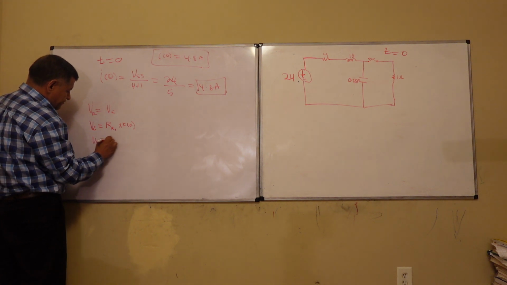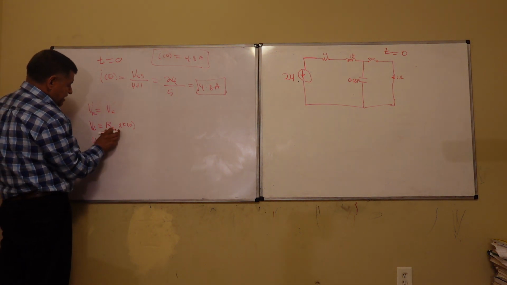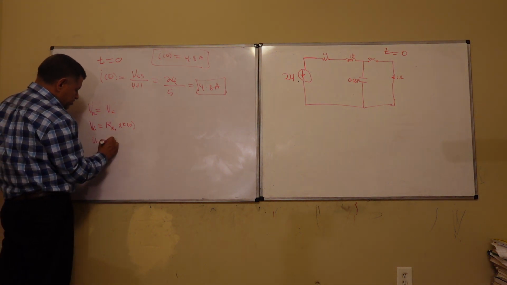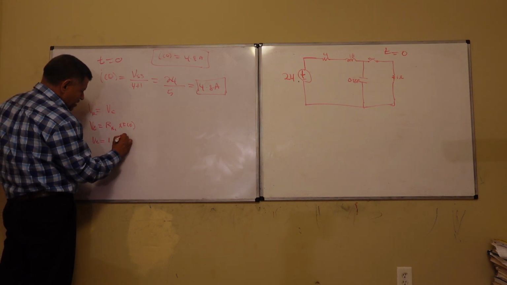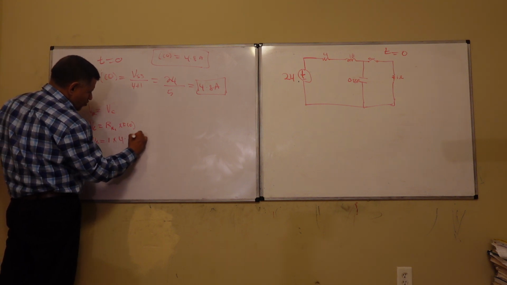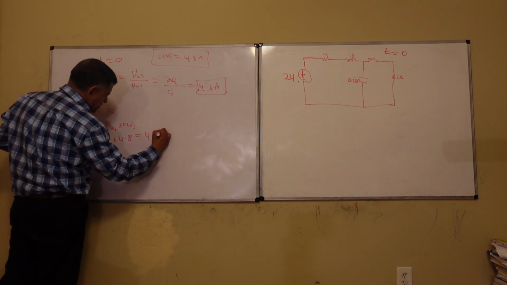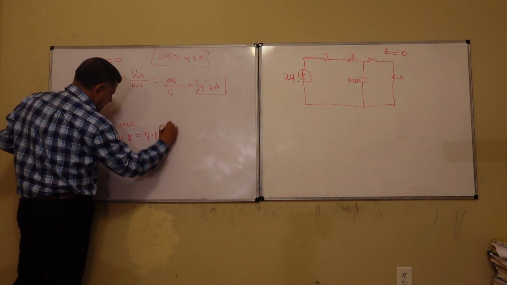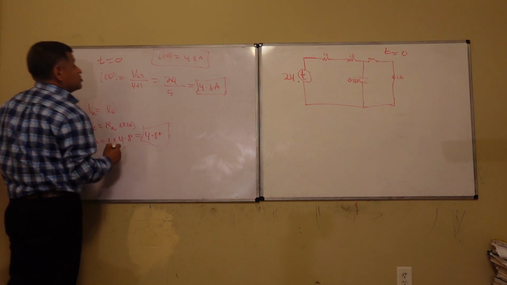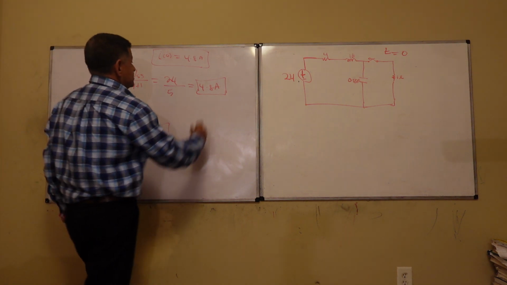So VC, the voltage at the capacitor, is going to be equal to this, which is 1 ohm, times 4.8, which is 4.8 volts.